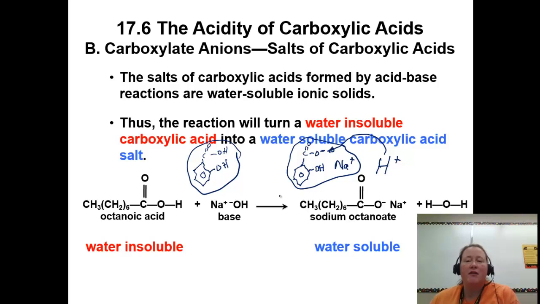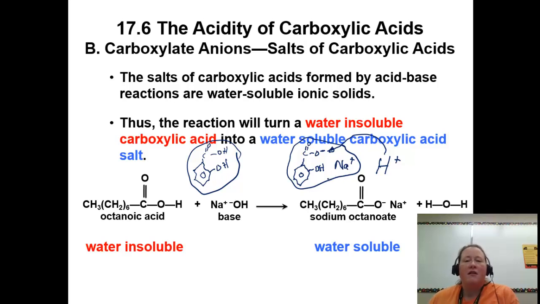When it gets into the small intestines, it's more of a basic environment, and it then can dissolve, and then the carboxylate ion will make its way to the body, where it can be used to reduce fever and be a pain reliever, and also reduce inflammation.